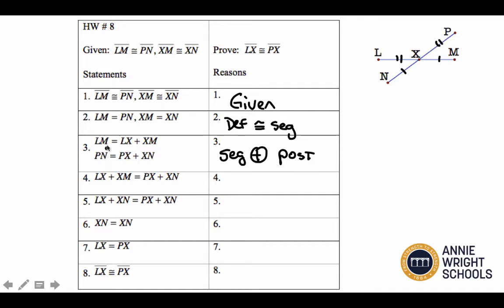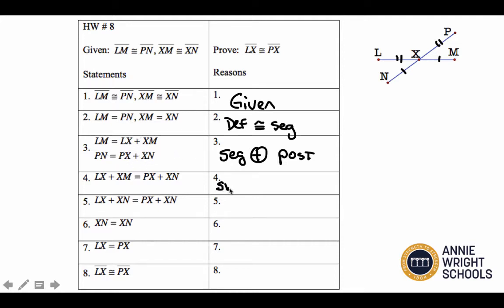Now here's the tricky one. LM equals this, PN equals this. I'm now going to say that LX plus XM equals PX plus XN. That's actually taking this and substituting it in here, taking this and substituting in there.